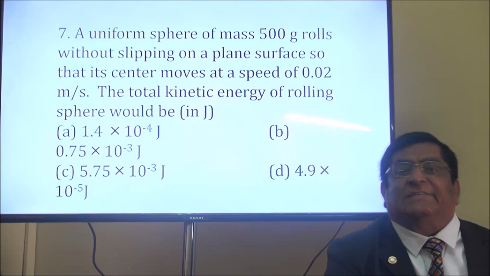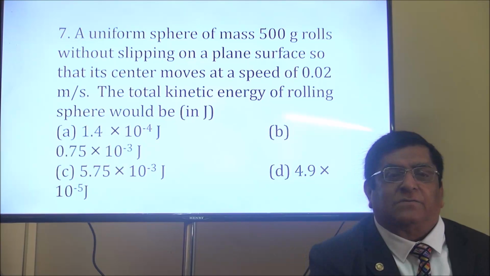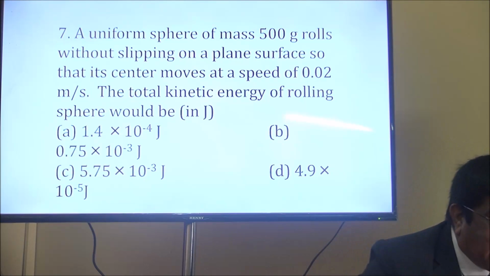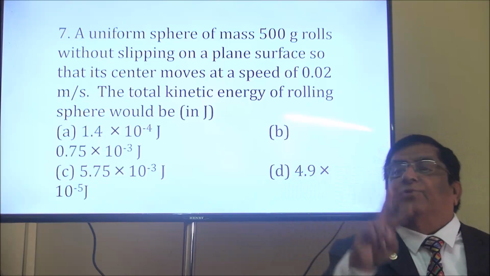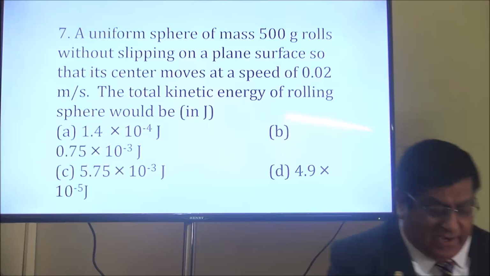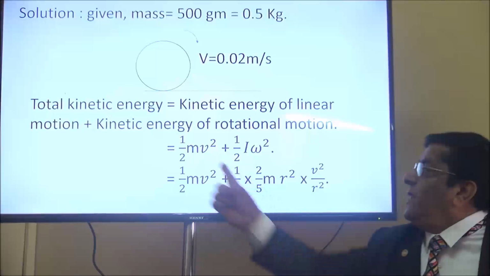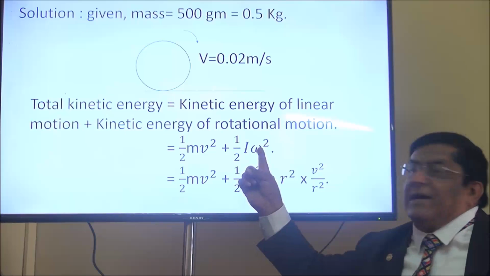Which are the quantities given in this question? mv or I omega? In this, what is given? mv. So what will you convert? I and omega you will convert into m and v here. Half mv square, half I omega square.